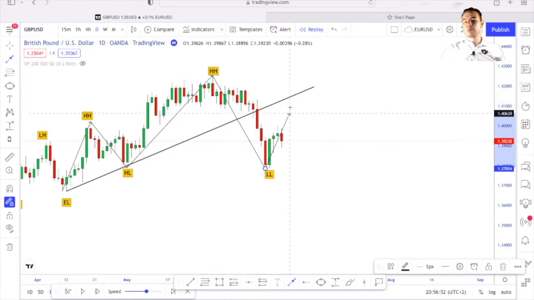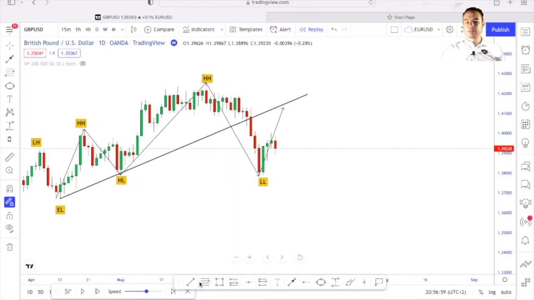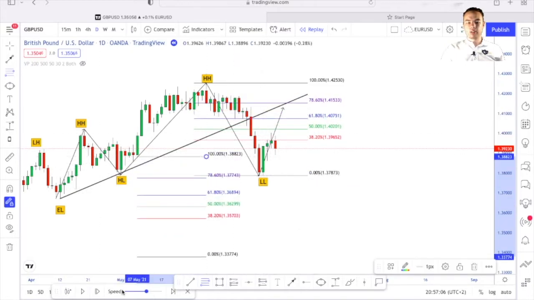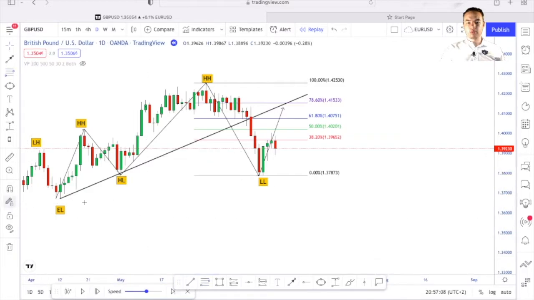So now we need to wait. Where is it going to land? Is it going to retrace fully there? Let's see. Let's put a Fibonacci. Oops, not 2.